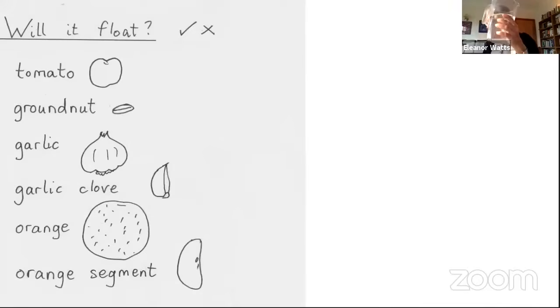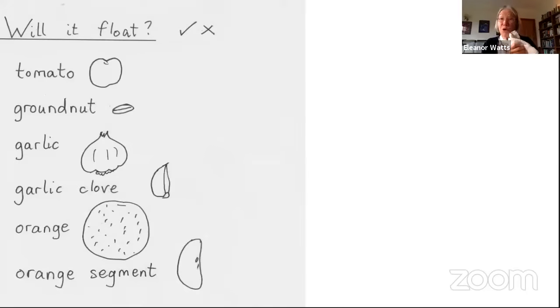Now, let's try another one and see if that one also floats. Oh, so that one sinks. Now, let's have a good look at these 2 groundnuts. One of the tips that I put in my PowerPoint is be careful.